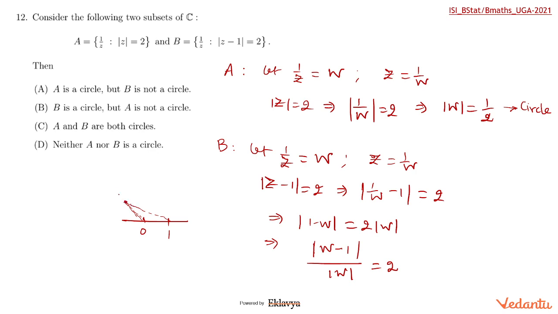So definitely, if I name this point P, and suppose this is O and this is C, then PO upon PC is 2. What is this representing? A circle, an Apollonius circle, very common.